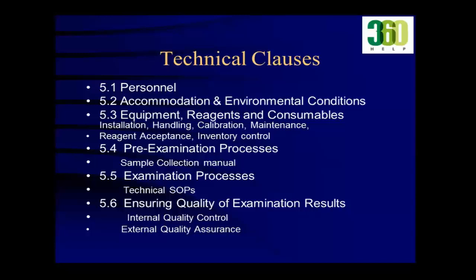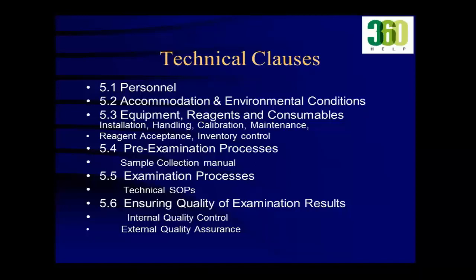Then the second clause talks about accommodation and environment. What does it mean? What should be the infrastructure of the lab? What should be the environment in the lab? How much light is required, whether shelves are required, or you have benchtop machines, you have floor machines, what kind of setup is required for your lab and how you will take the safety precautions. 5.3 talks about equipment, reagents, consumables.